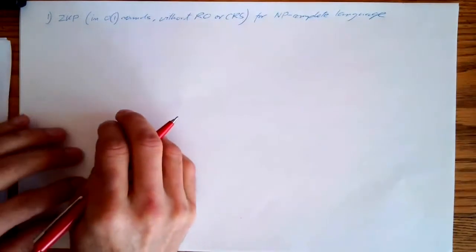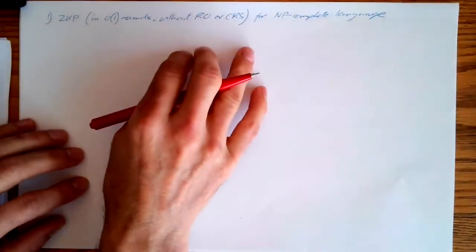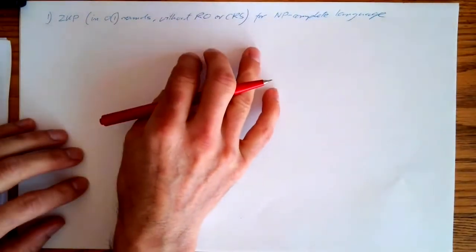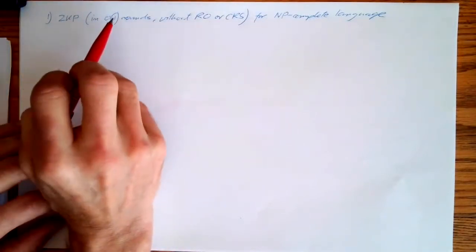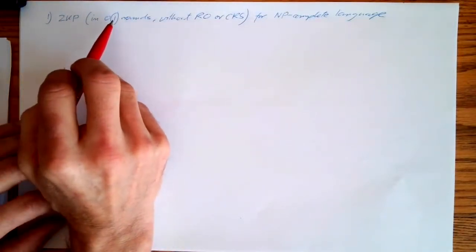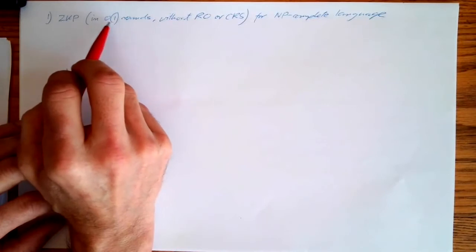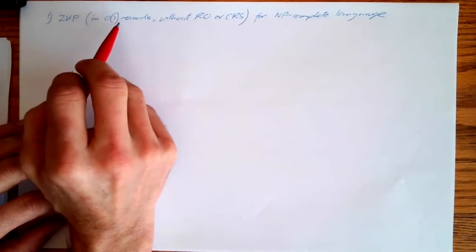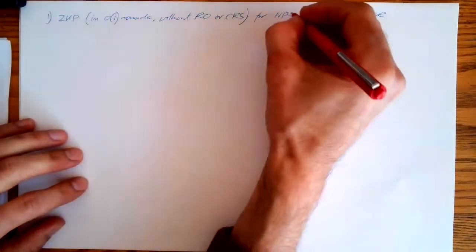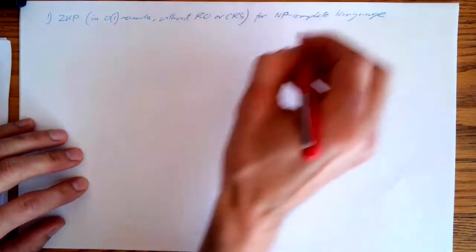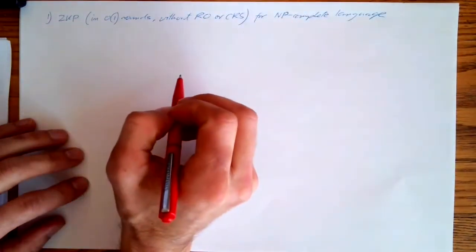First, we showed zero knowledge proofs which either had weak soundness or were non-constant round for graph isomorphism, which we don't have polynomial algorithms for, but we also don't know if this is NP complete.